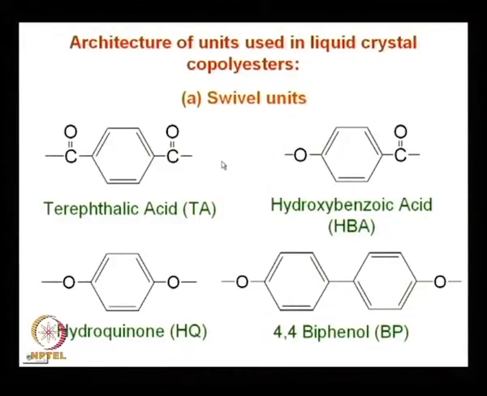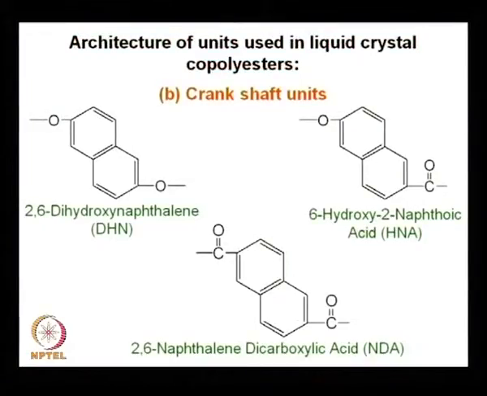These are known as swivel units. So, if these architectural units are incorporated in the polymer backbone chain structure, we can get very good liquid crystalline behavior in melt or in solution. Look at the crankshaft unit. You see, here is the linkage site, another linkage site is here. So, two phenyl rings are fused over here, say naphthalene.